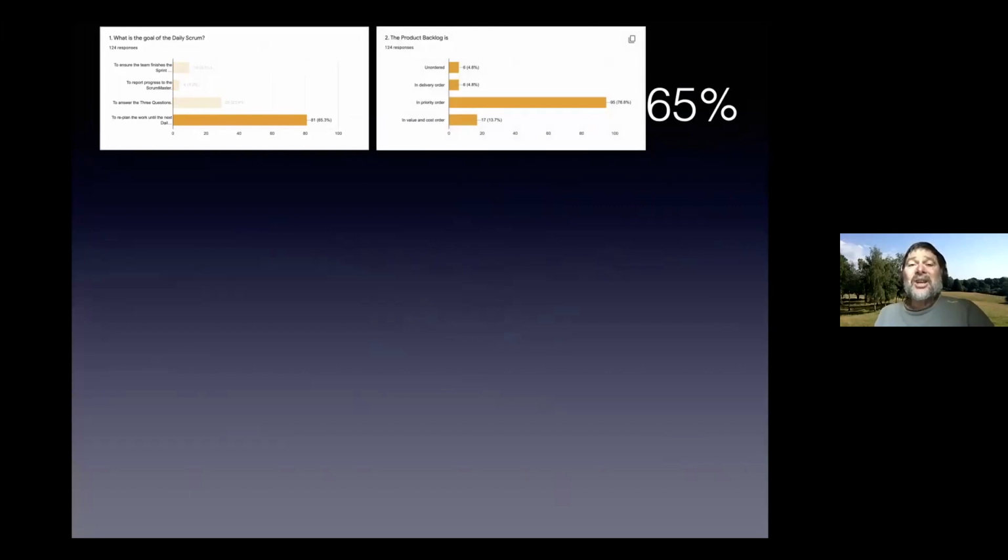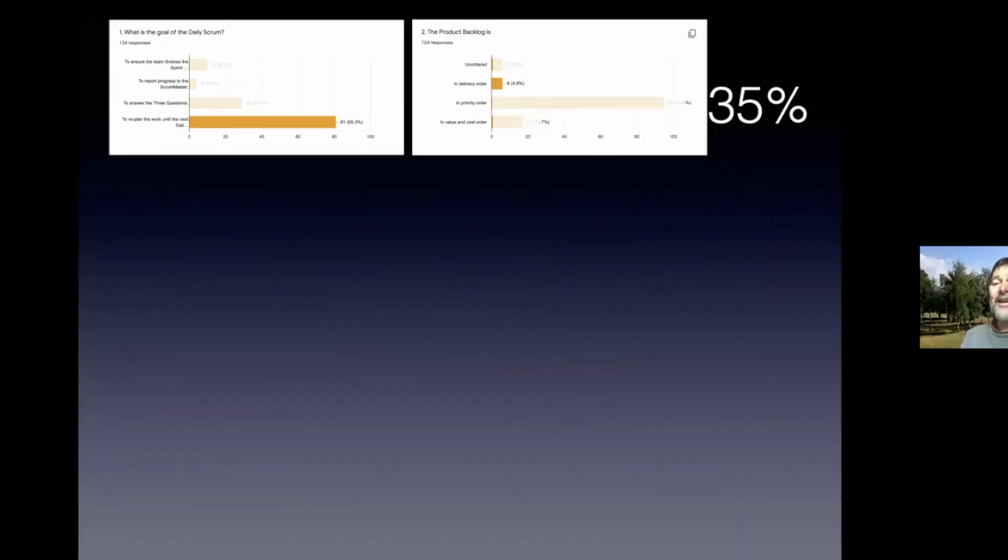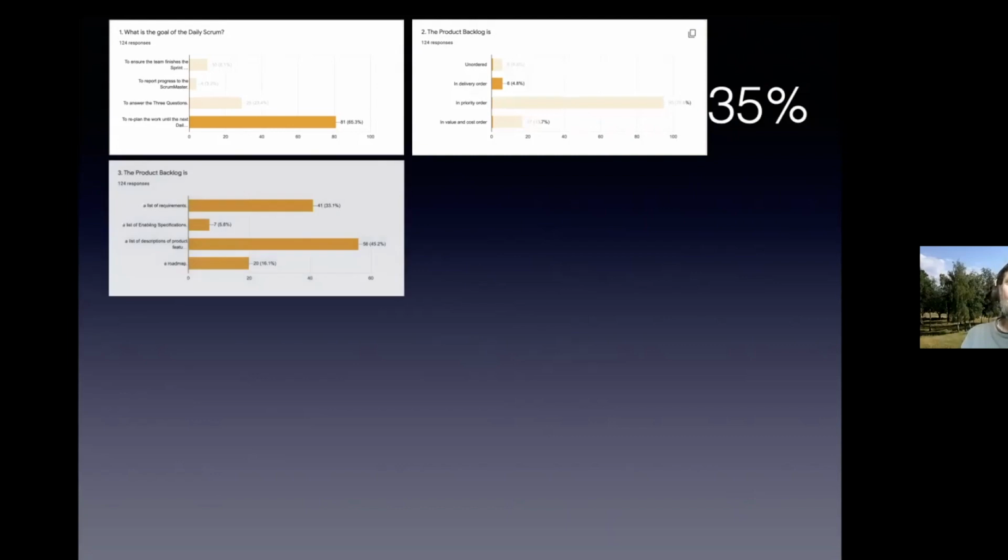The next question, the product backlog is in what order? The right answer is in delivery order. Oh, your score went way down there. All right, the next one. The product backlog is a list of product increments and features.